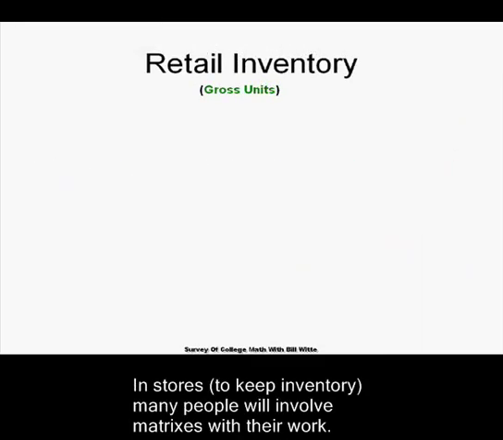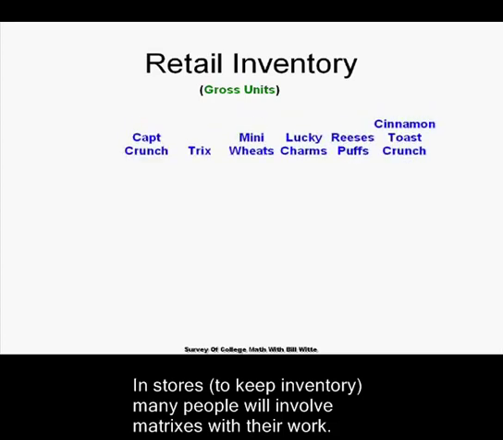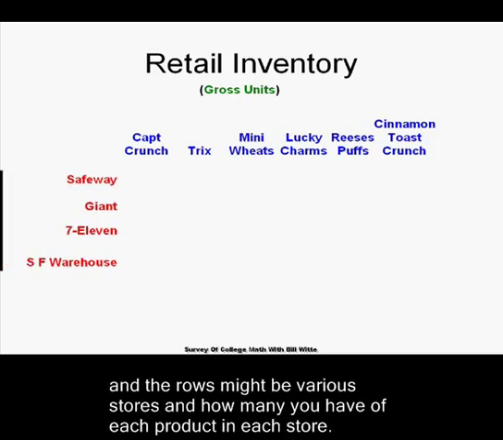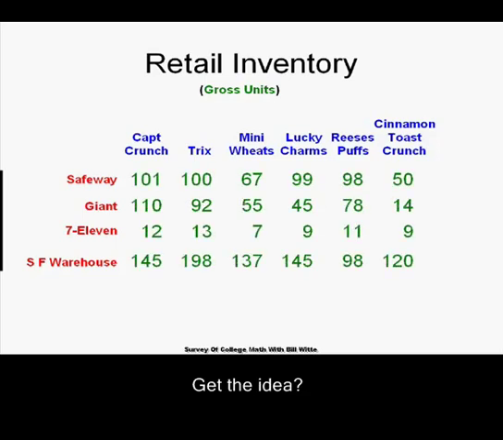In stores, to keep inventory, many people are going to involve matrices with their work. For instance, the various columns might name various products, such as cereals. And the rows might be various stores and how many you have of each product in each store. Get the idea?